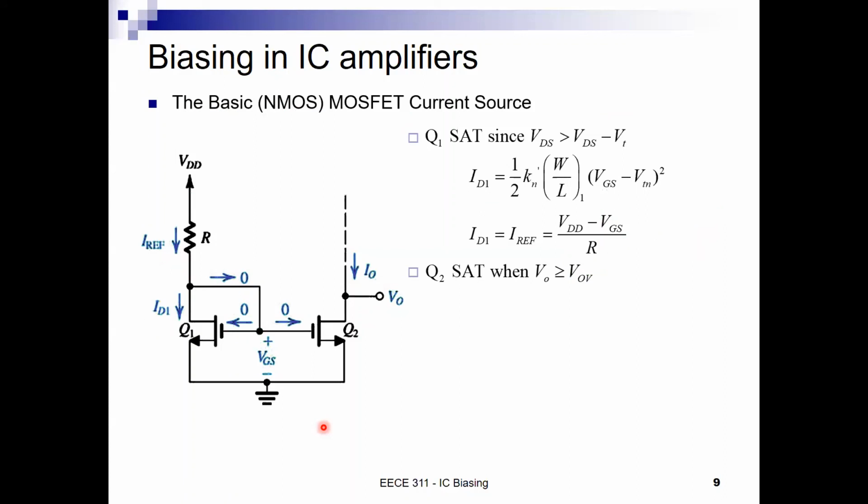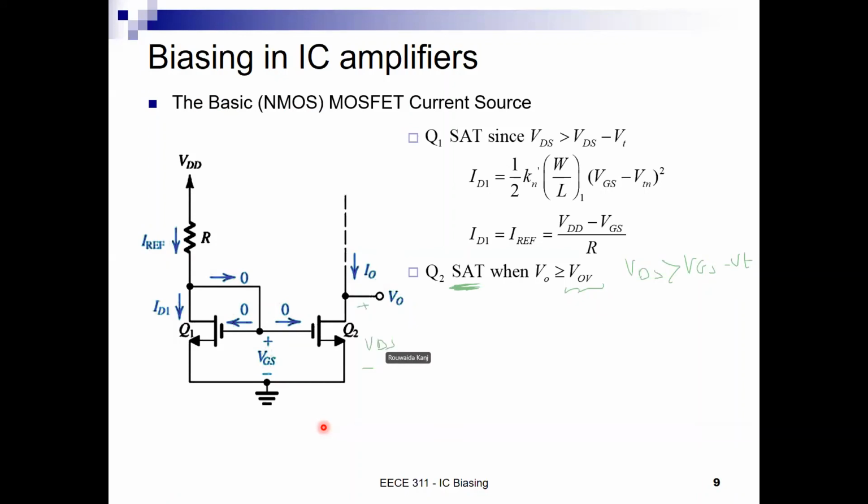So a conditional saturation happens when VDS is greater than VGS minus VT. This is VOV of Q1, okay, if they share the same VT. And so here, this is VDS, it is really VO.